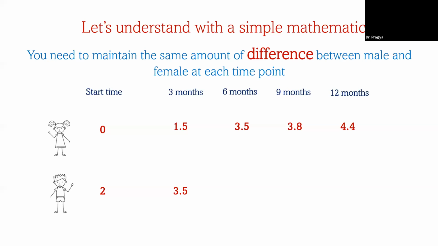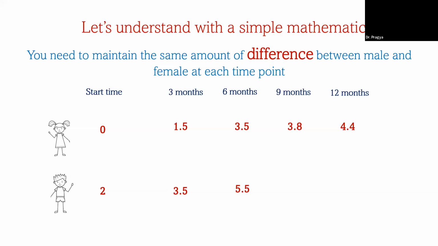What about at 6 months? If I want to maintain the same difference between male and female, what should be the value? All of you please type in the chat box. It should be 5.5, then the difference will be 2. Yes, agreed.